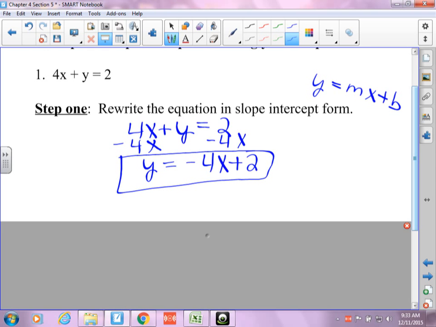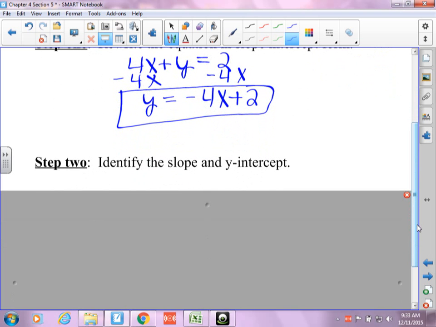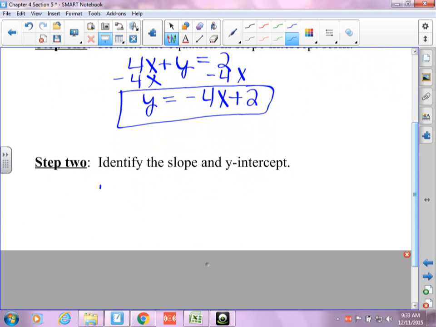And remember, it's the y and then the equals. The y must be by itself. I don't want a negative in front of it. I don't want a number in front of it. It's just y, and then equals, and then I've got my x. Remember, x wants to be there first before that final number. Next step, identify the slope and the y-intercept. So what is my m?